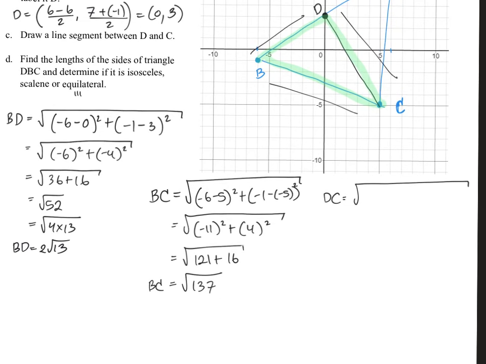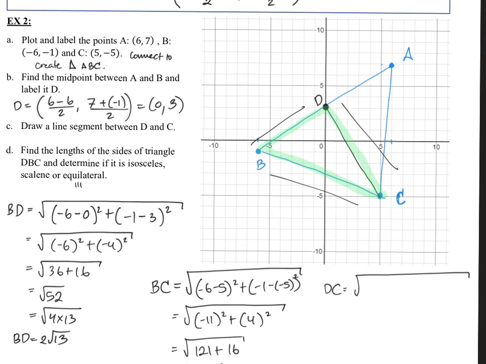Now lastly, DC. Okay, DC. We're looking at these values and those values. So I'll just start with the C first. 5 minus 0 squared plus, and then let's do the y values. Negative 5 minus 3. So notice the values from one of the points should always be first, and then the values from the other point would be second.